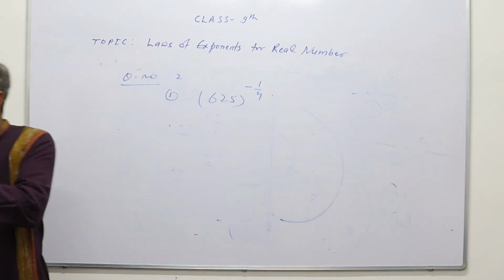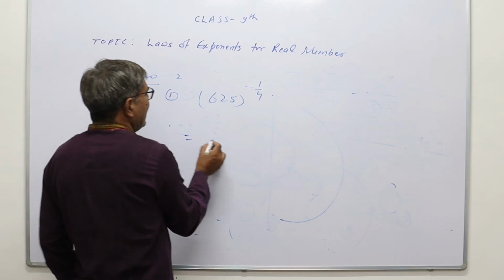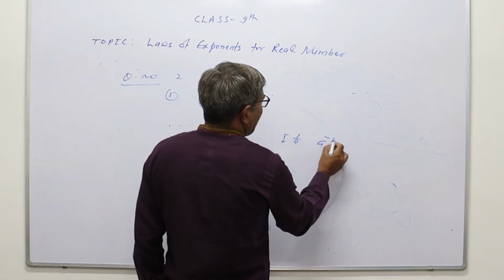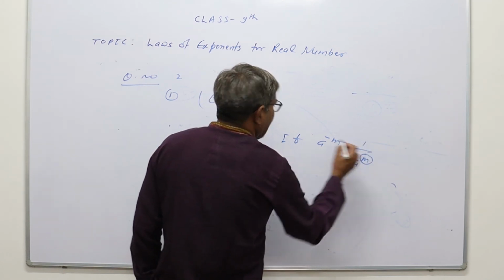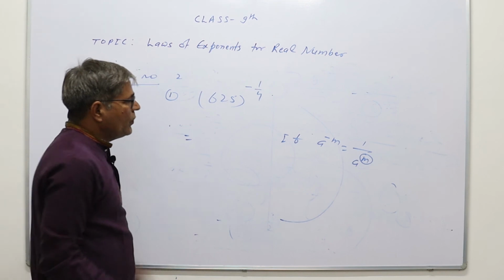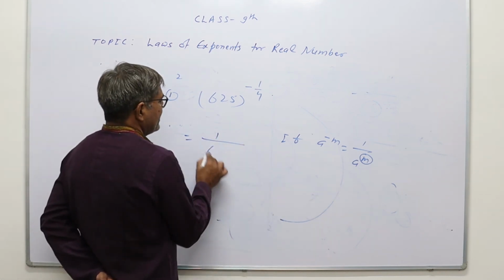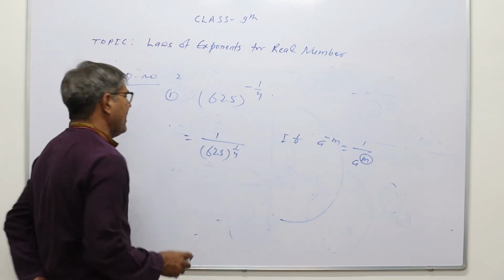So first of all we will write it in positive exponent. If a raised to the power minus m, then it can be written as 1 upon a raised to the power m. So using this property we can write it as 625 whole raised to the power positive 1 by 4.